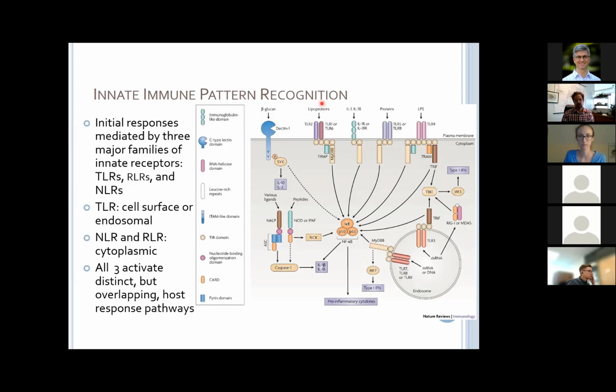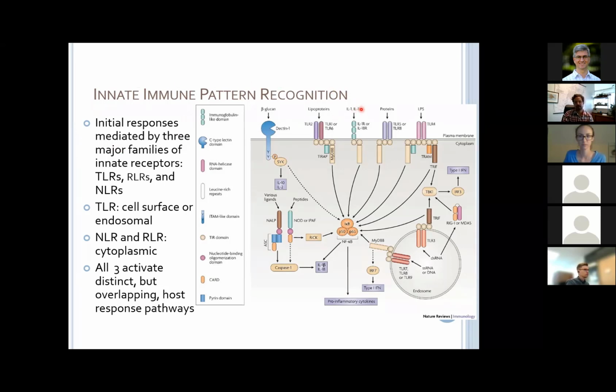And so the initial way that a cell, any cell in your body, whether it's a professional immune cell or a structural cell like an epithelial cell, which would be like your skin cells, your lung cells, your gut cells, recognizes that it's been infected is through this process called pattern recognition.